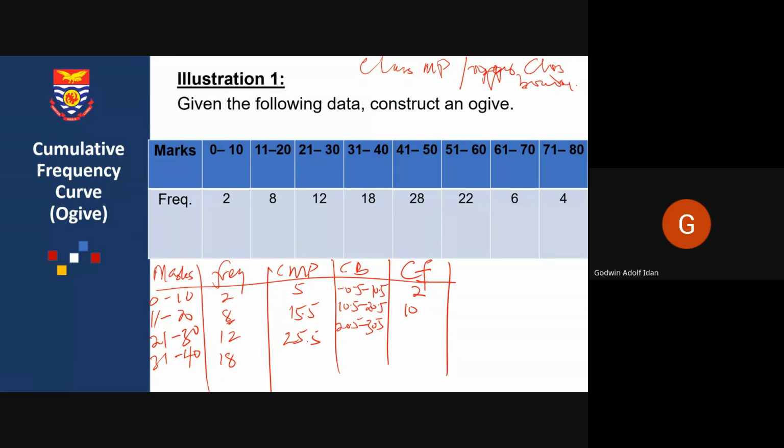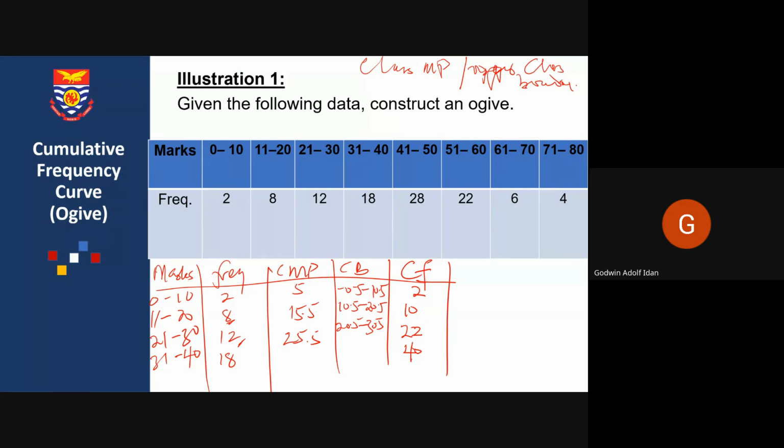Then we move to the next class, which has the frequency of 12. This time we add the 12 to the 10 to give us 22, because we said we are adding up the frequencies as we move through. Now the next is 18. So we add the 18 to the 22, and that gives us 40.